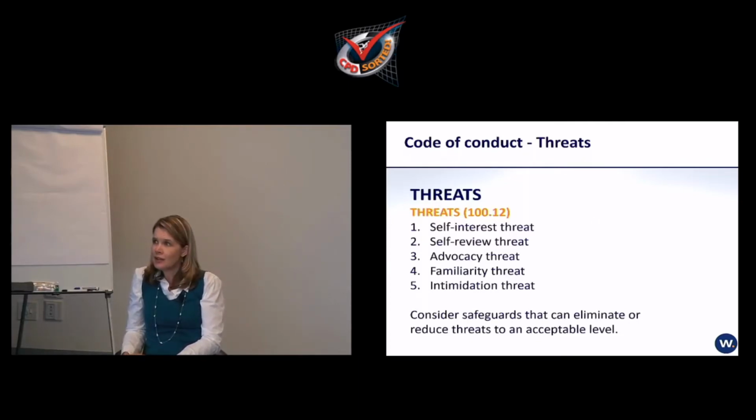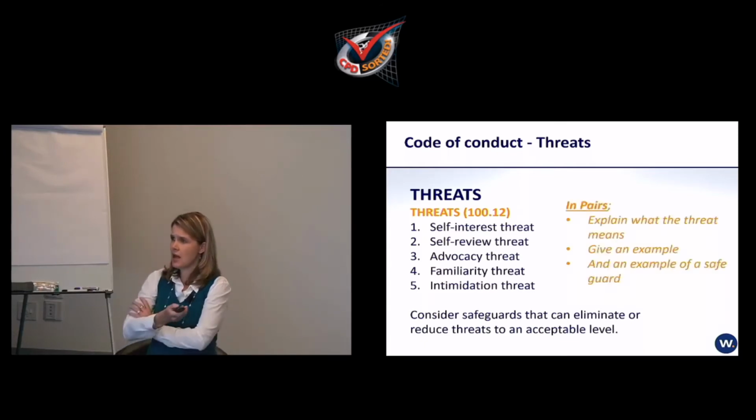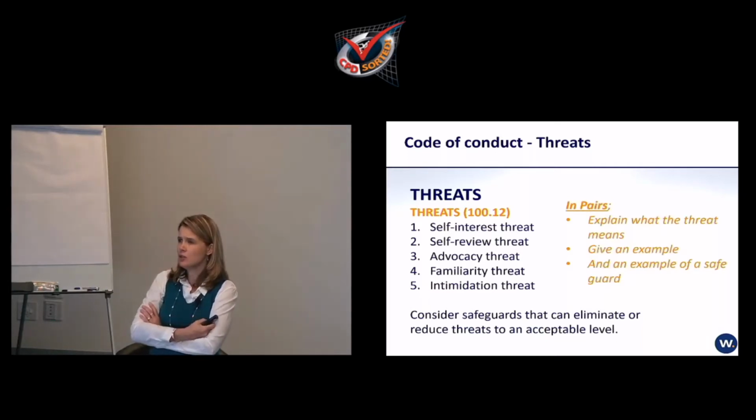So what I'd like you to do, just quickly, since I have a couple of you online: Nkosi, I'll tell you what the threat means, and then you can give me an example of the safeguards for self-interest.